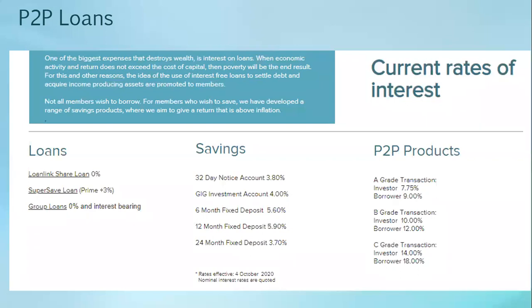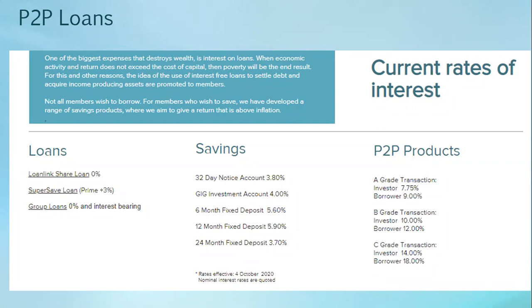We call the one the investor, the other the borrower, and then depending on the risk profile of the project, if it's a no-brainer, like repaying a bond, for instance, then the asset is very secure. Then it would be an A grade, and the borrower will pay 9% on the loan.